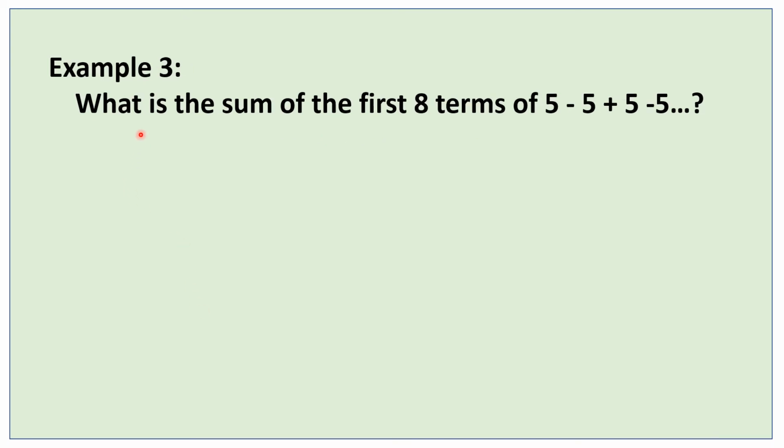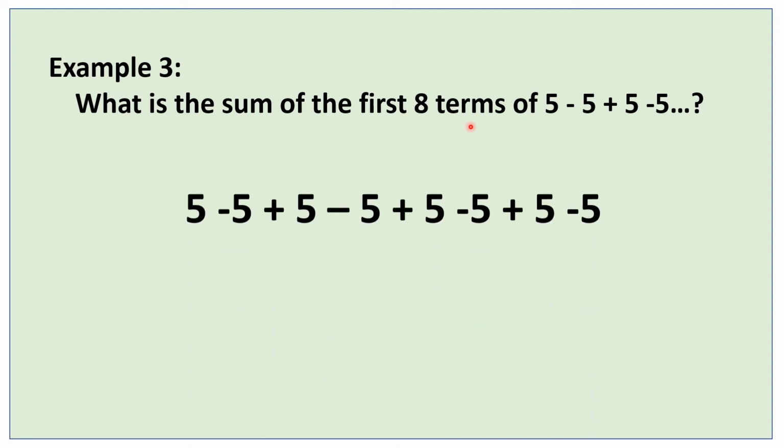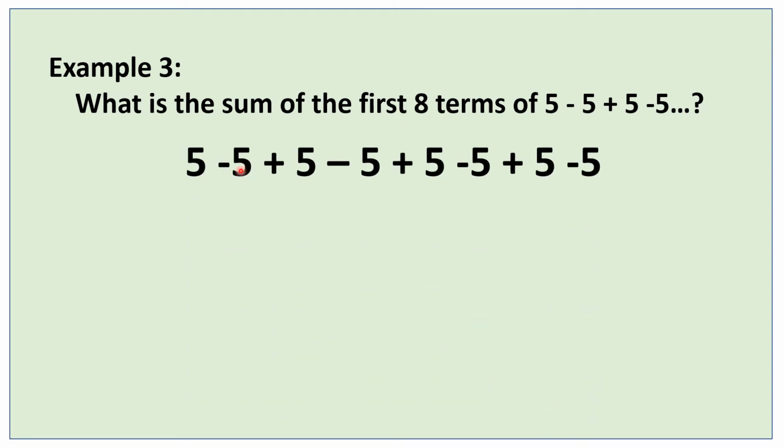Example number 3. What is the sum of the first 8 terms of 5 minus 5 plus 5 minus 5 and so on and so forth? So, kapag sinulat natin yung tinatanong sa atin, that is first 8 terms daw. So, this is the given. Kapag tinignan natin yung first term at saka yung second term, 5 minus 5, that is equal to 0.